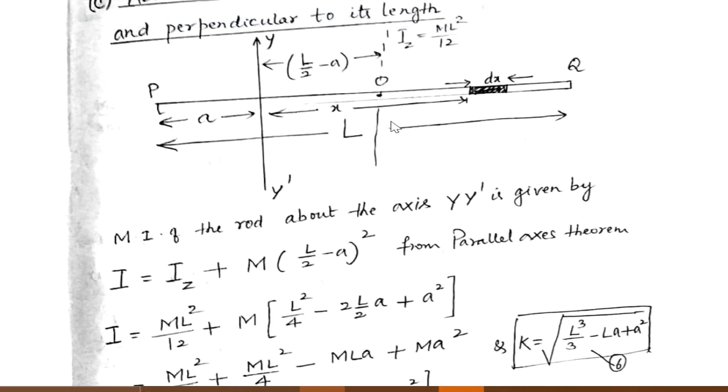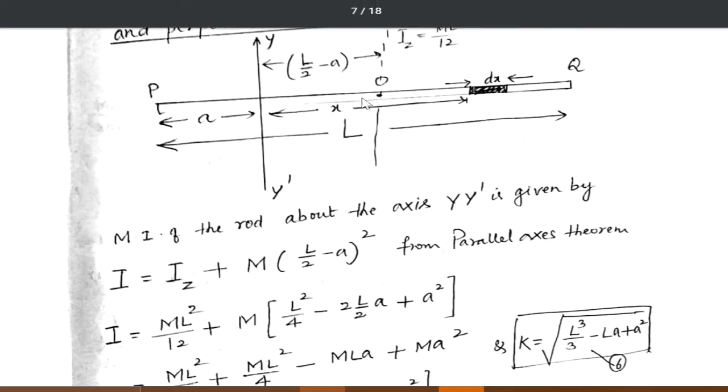Actually, it is not parallel to the z-axis, it's an axis parallel to y dash. And since the axis is passing through the center and perpendicular to the length of the rod, you know the expression Iz is ml square by 12, plus m is mass into the distance between these two parallel axes, which is L by 2 minus a.